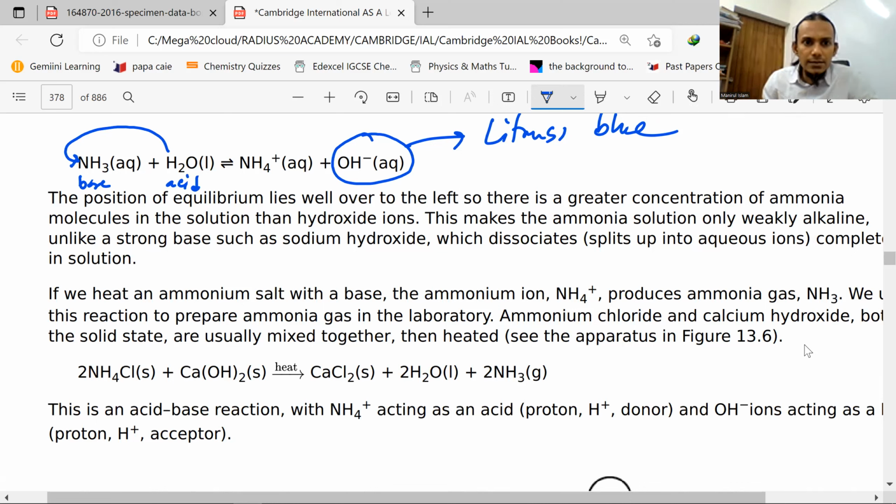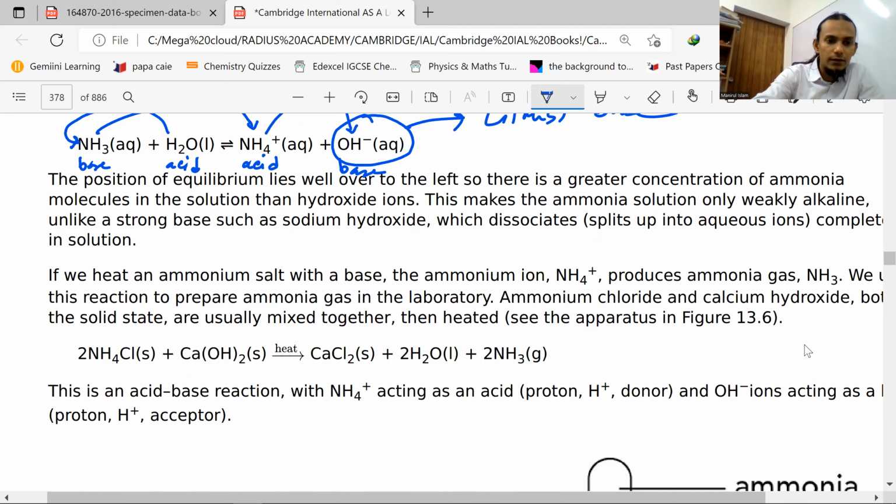From the base, the thing you get after accepting a proton is the conjugate acid, and this is again a base. In the reverse reaction, hydroxide ion is the base because it will accept a proton from ammonium ion to form water. Is it clear? We have studied acid-base conjugate pairs, for the reverse reaction, that is the acid and base.